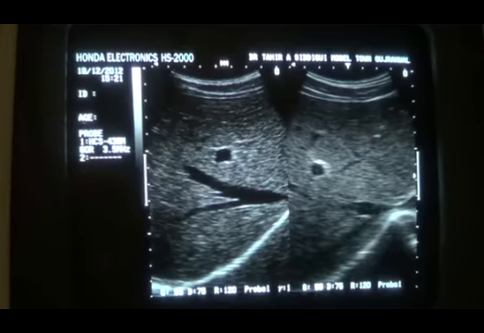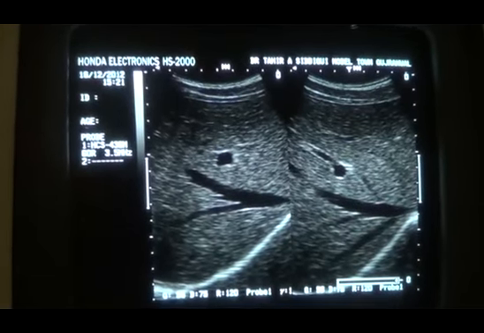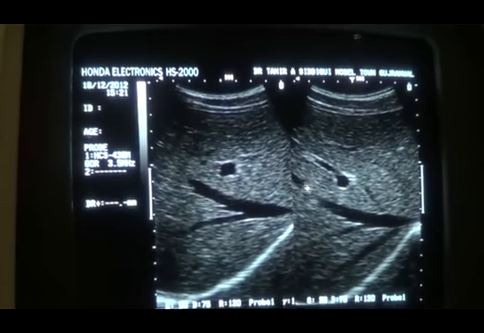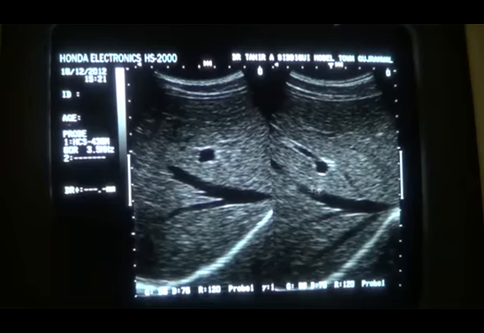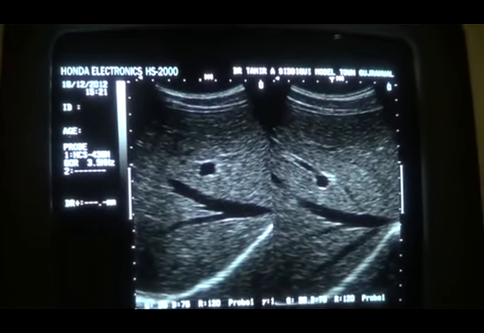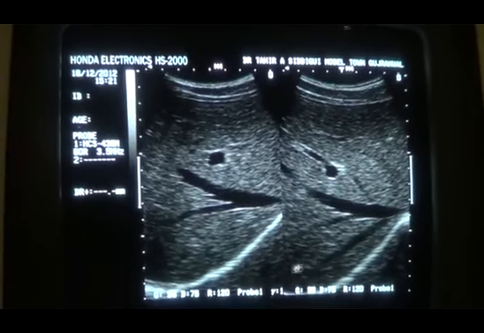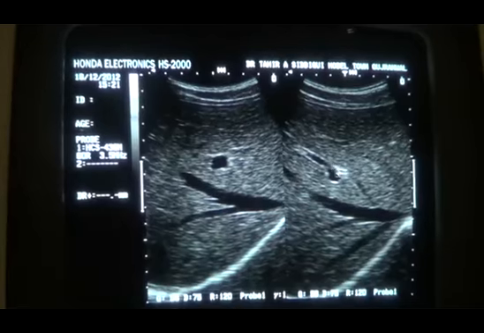Here we see the middle hepatic vein. Note the sharpness of the vessel margins, very sharp vessel margins. See the margins, see the periportal echo brightness.